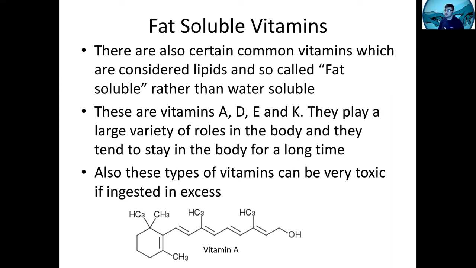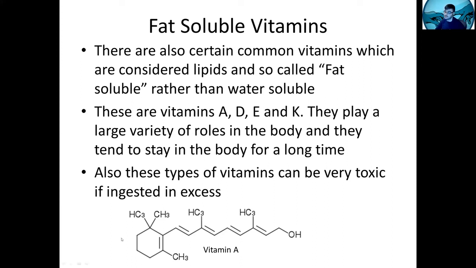It can lead to things like blindness, vomiting, or sometimes even death. That's a trait of only fat-soluble vitamins. Water-soluble vitamins like vitamin B and vitamin C, you can have pretty much an unlimited amount and it won't do anything to you, but fat-soluble vitamins are toxic at high levels. So just remember that.